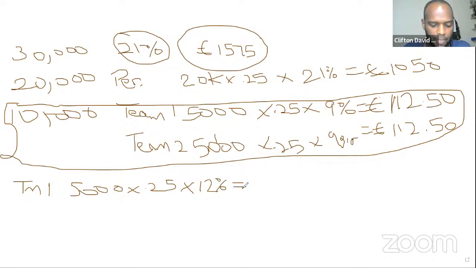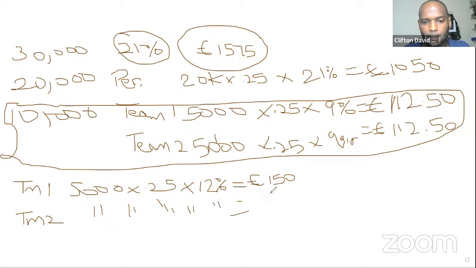This gives you 5,000 times 0.25 equals 1250 times 12%. Derek earns an additional 150 euros from team 1, and team 2 did the very same. It was duplicated. So team 2 pays Derek the same thing, 150 euros. Are we clear thus far?